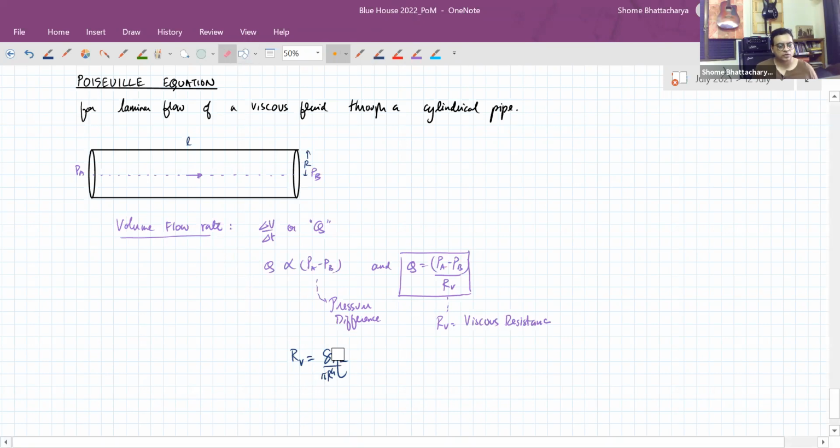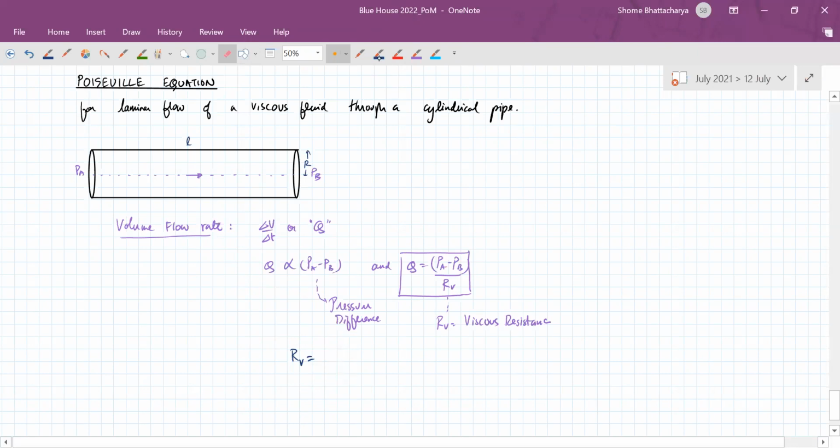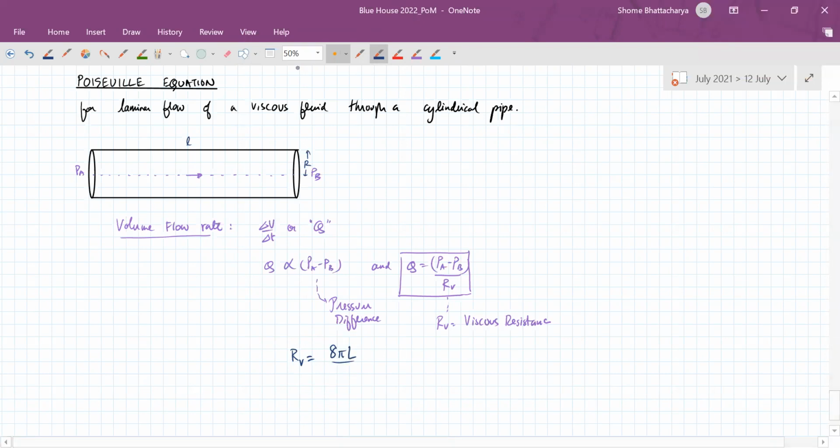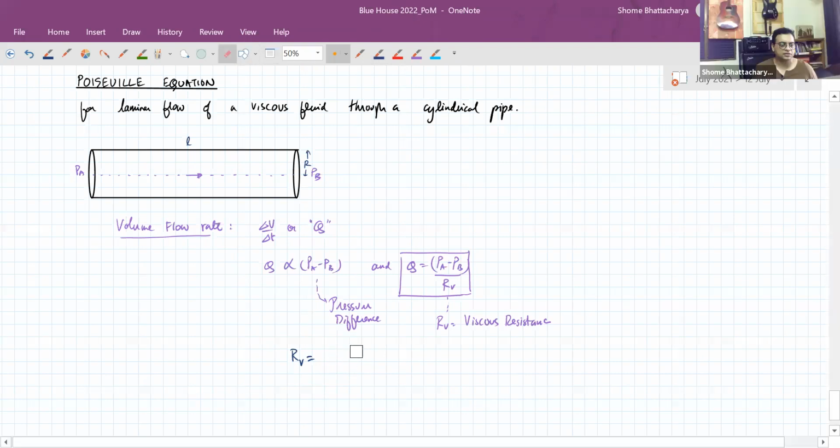Pi is in the denominator. That's the formula. Now we'll see the derivation of this also, though the derivation is not part of your board syllabus.